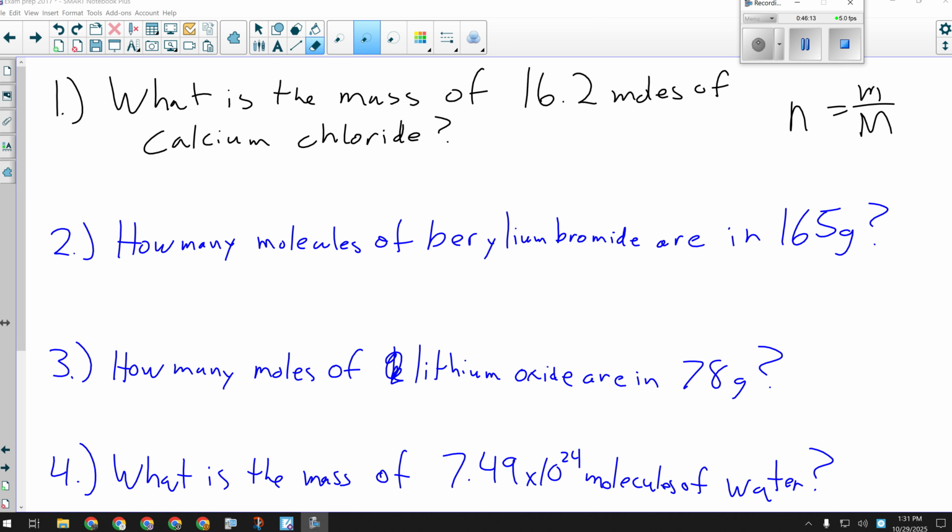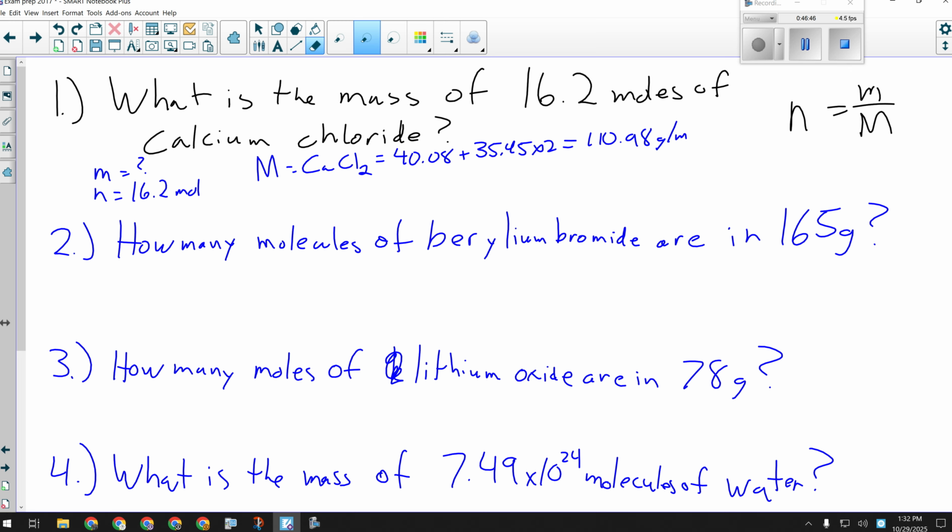All right, so in our first one here, we're looking for mass. Mass is little m. We're told n, the number of moles, 16.2 moles. And we're told the material is calcium chloride, so that's CaCl2. Calculating the molar mass of that, calcium is 40.08 plus 35.45, that's the chlorine, times 2 should give us 110.98 grams per mole if my mental math is right.